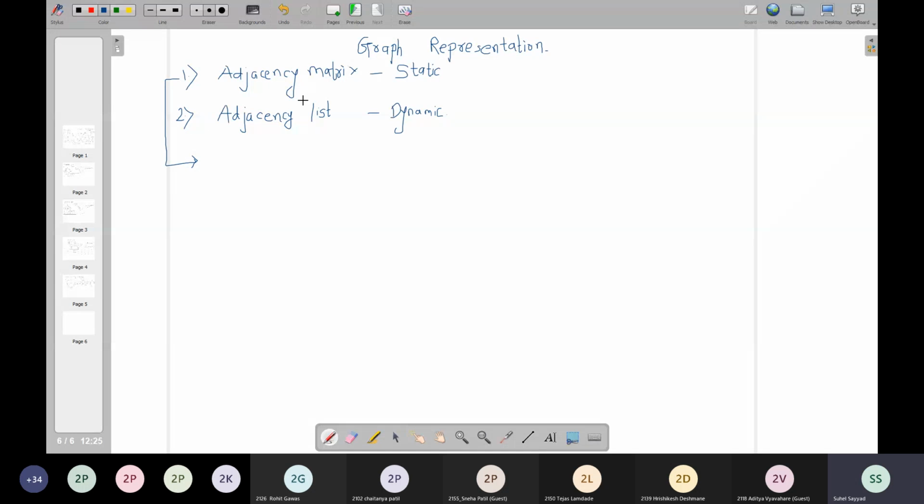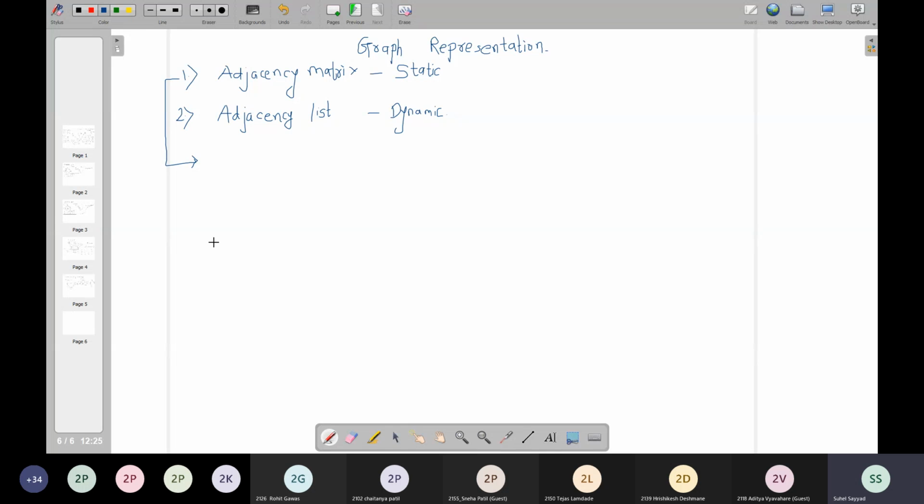It tries to store information related to adjacent vertices: which vertex is adjacent to which other vertex? Such information we are trying to store in the graph representation. And that's why both representations are labeled adjacency. One is static with the help of a matrix and another is dynamic with the help of a list. So first I'll tell you what that matrix representation is.